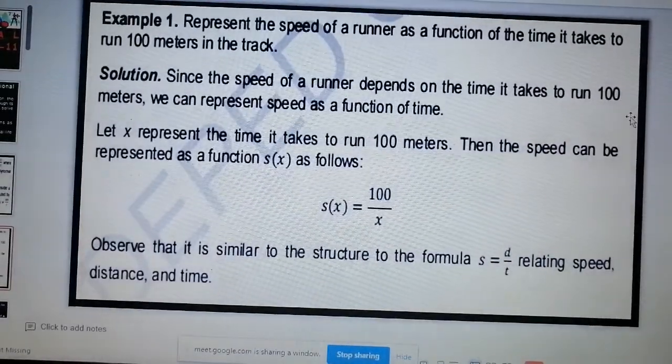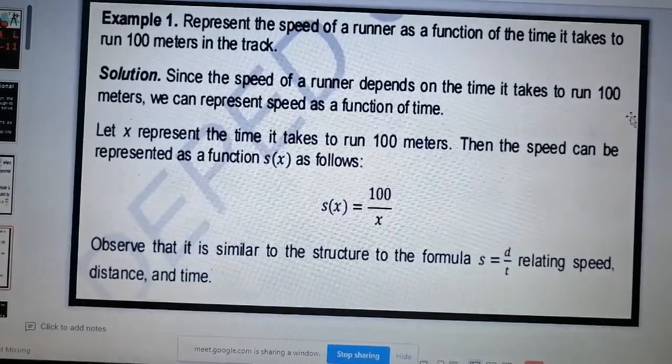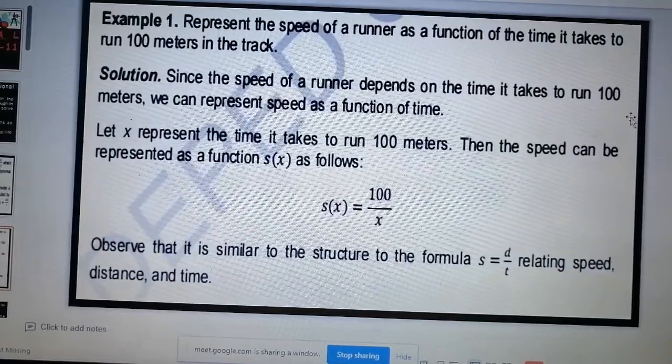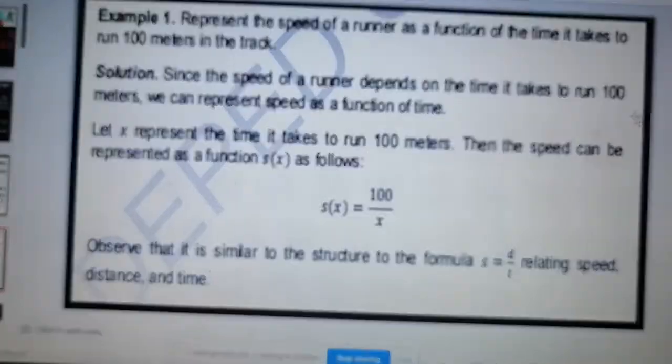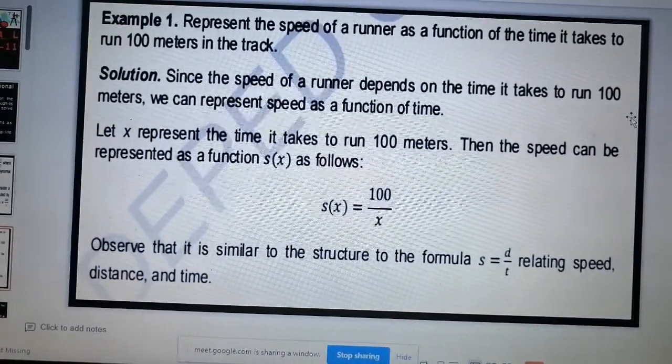Let x represent the time it takes to run 100 meters, then the speed can be represented as function S(x) as follows.